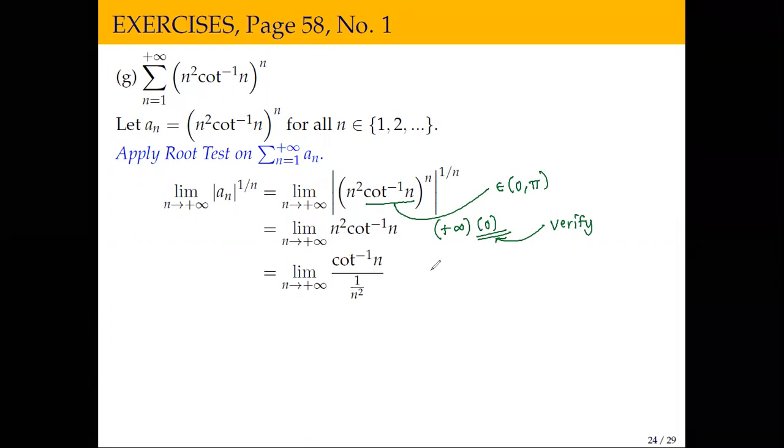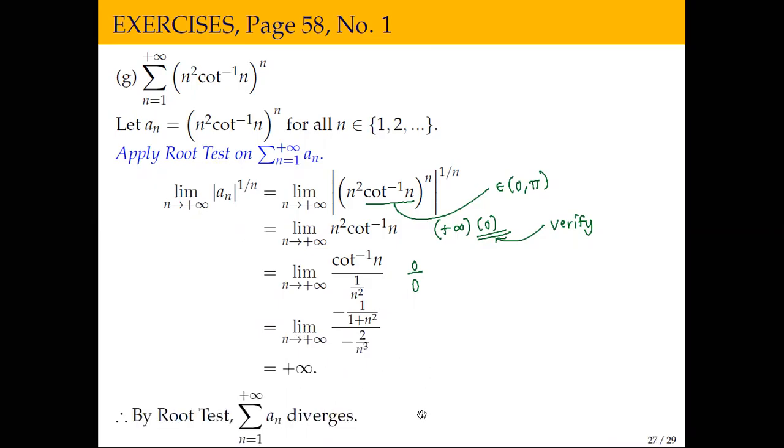Now this is of the form 0 over 0, so we can apply L'Hopital's rule. You'll get the following, and as you evaluate the limit further, you'll get positive infinity. So we have shown that this limit is equal to positive infinity. Therefore, by the root test, this infinite series diverges. And this is our final answer for letter G.